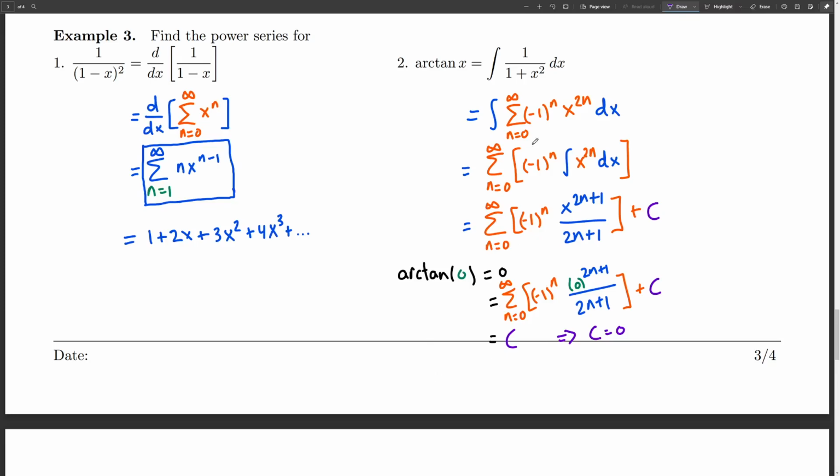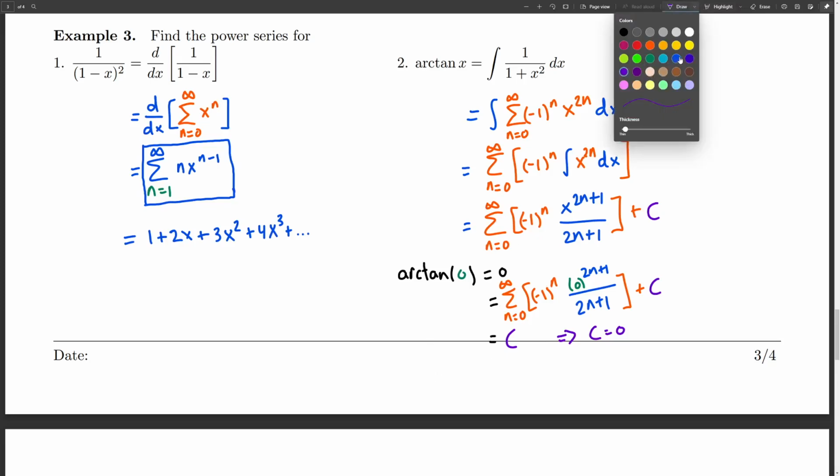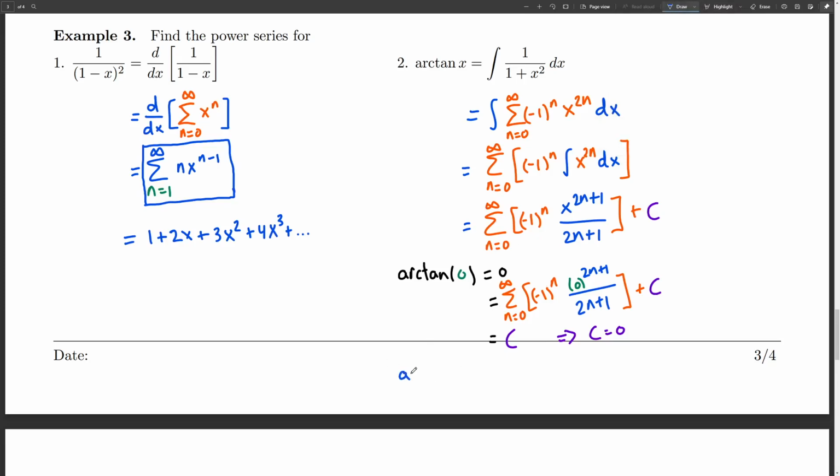And our conclusion is that arctan of x has the following power series: the sum from n equals 0 to infinity of negative 1 to the power n times x to the power 2n plus 1 over 2n plus 1.